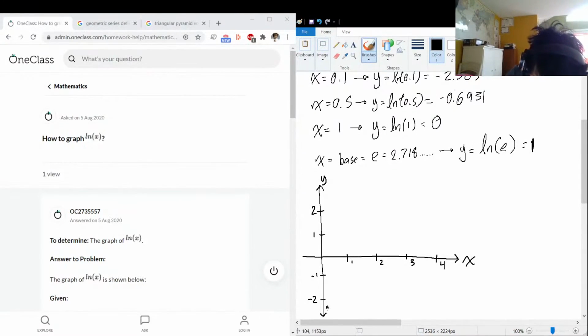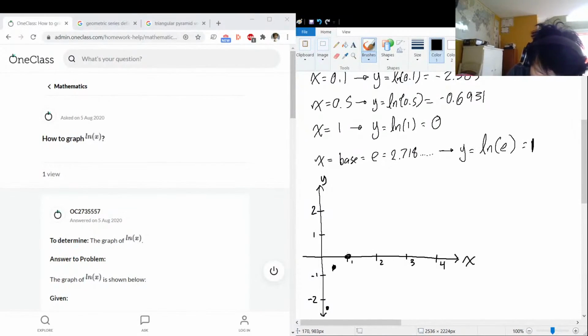I think we can draw that just around there. That looks reasonable. Okay, now for x equals 0.5, y equals -0.6931. So just about halfway through here, and slightly over half, closer to 1.